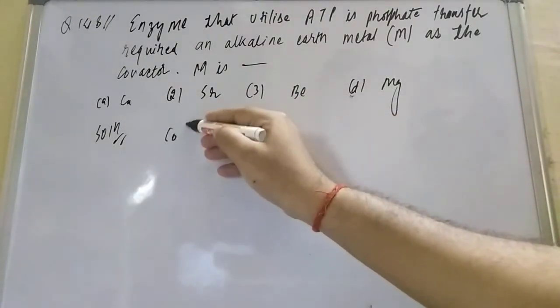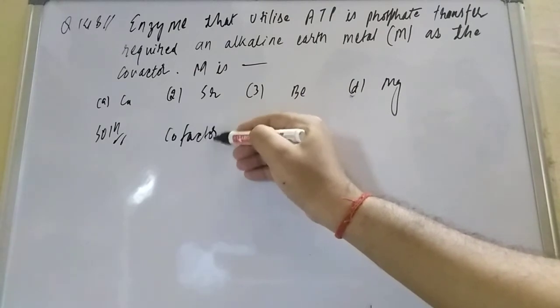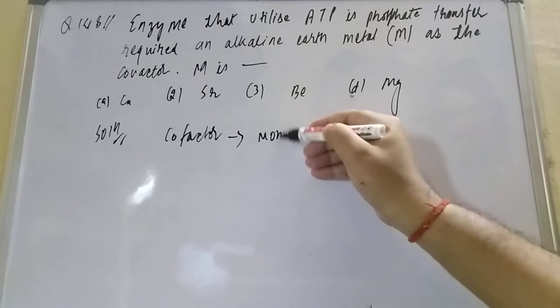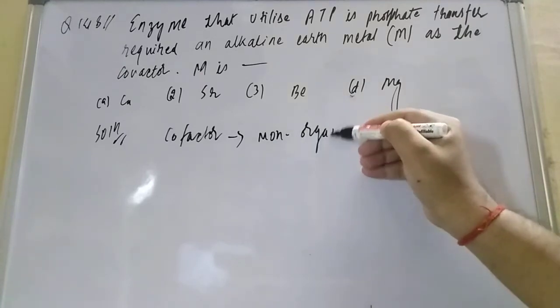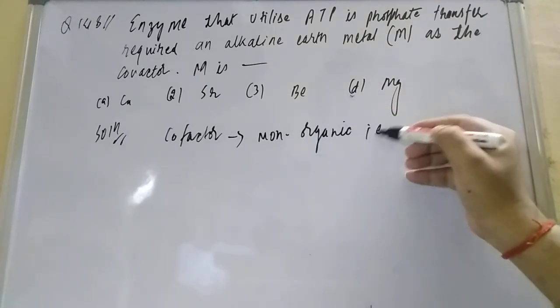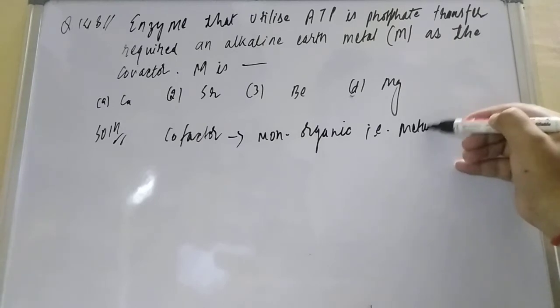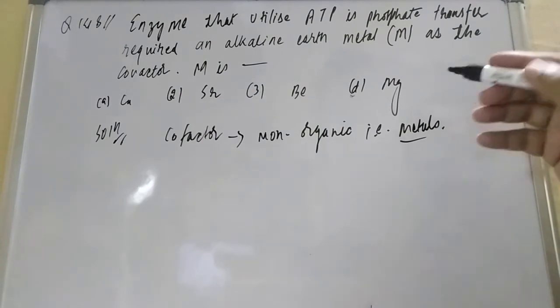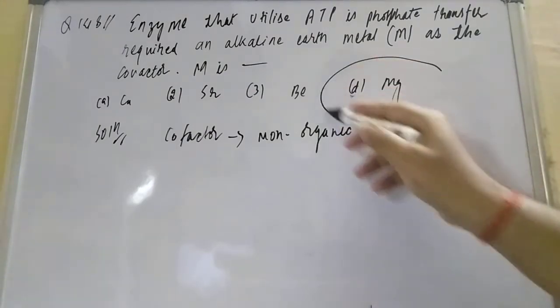So we know about the cofactor, student. When you are studying, a cofactor is non-organic. Cofactor is non-organic, that is, it is the metal. Any cofactor, what is it? That is a metal. Out of calcium, strontium, beryllium and magnesium, this is very simple from NCERT, those who study the NCERT books can do it, it is a memory based problem.